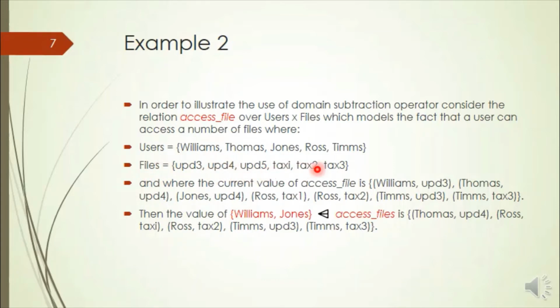There are 5 users and 5 files, and one possible value of the relation variable access file is given by the 7 ordered pairs.